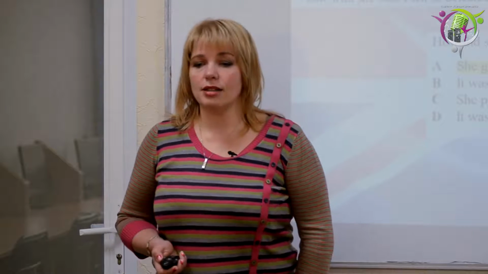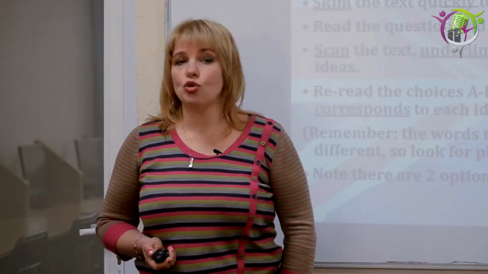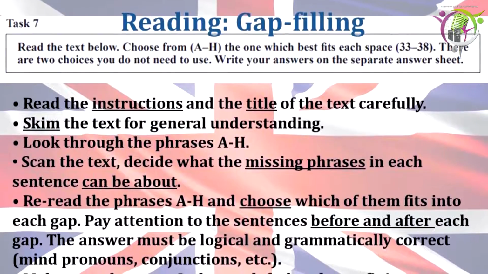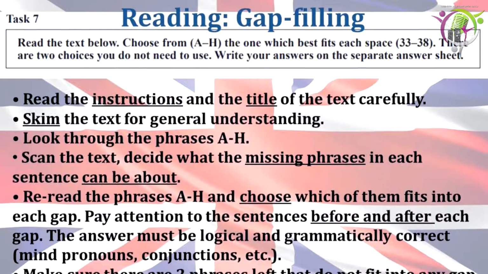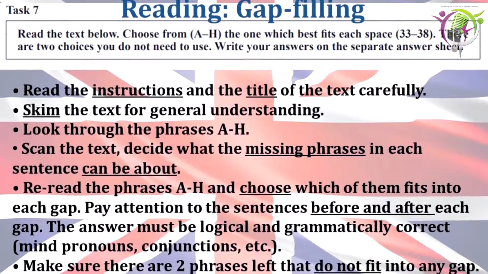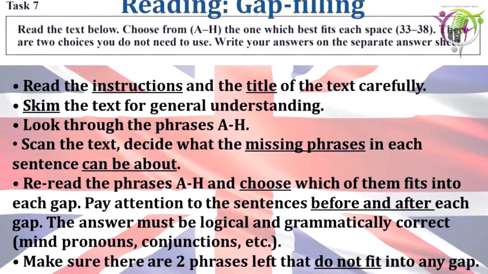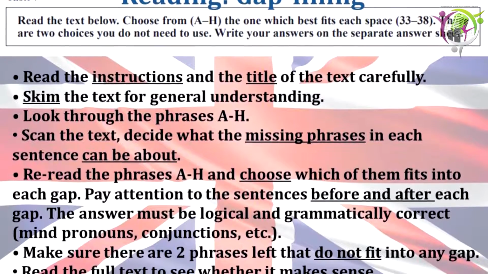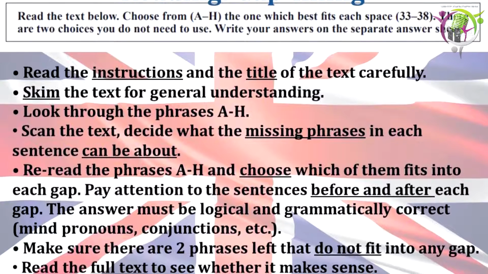So the next task is gap filling. In this task, you are expected to choose from alternatives A to H the one which best fits the space. And remember, there are two choices that you will not need to use. So for this reason, you read the instructions and the title of the text again carefully. I might sound boring.